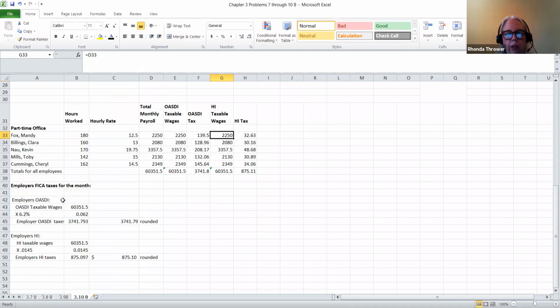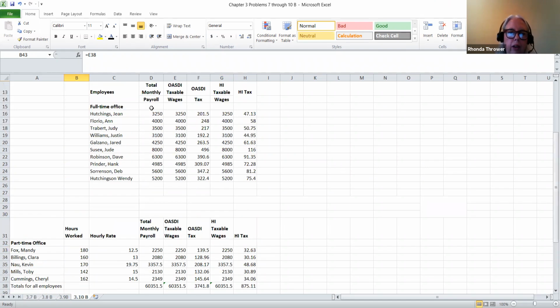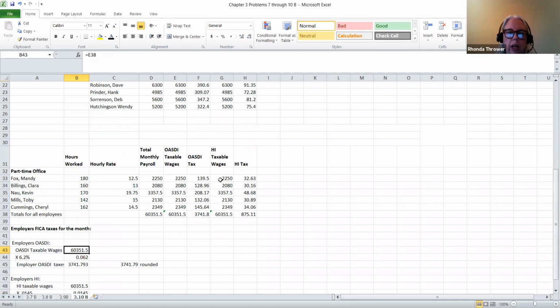They also are asking you for the employer's share. Remember, with the employer's share, we have to find the total taxable wages. And so what I simply did is added up all of this column for the full-time, and then you add the part-time wages to that, and that'll give you total wages that are subject to OASDI of $60,351.50.